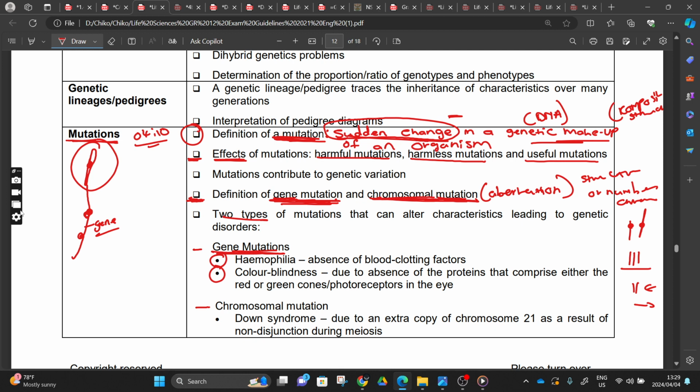And then from there, they say that the effects of mutation can be harmful. This mutation, this change, whether it's happening at a gene level or at a chromosomal level, can be harmful. Let me explain gene mutation. Gene mutations are like this, and then we will have a DNA like this.